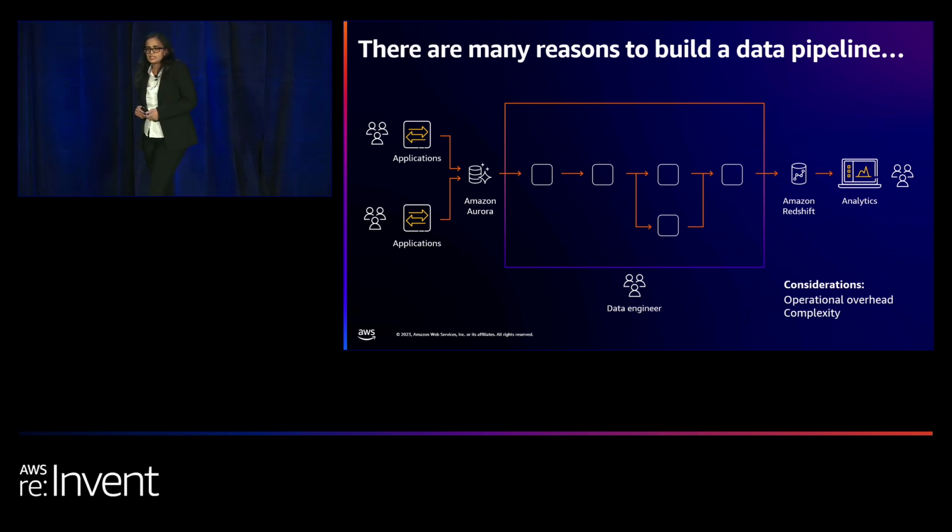Another thing we repeatedly hear from customers is that Aurora is a database, Redshift is a database, but because of these pipelines in between, you have to pay for the compute to do things like deduplication, merges, and updates to the records. All this data, you have to pay for the compute in between.